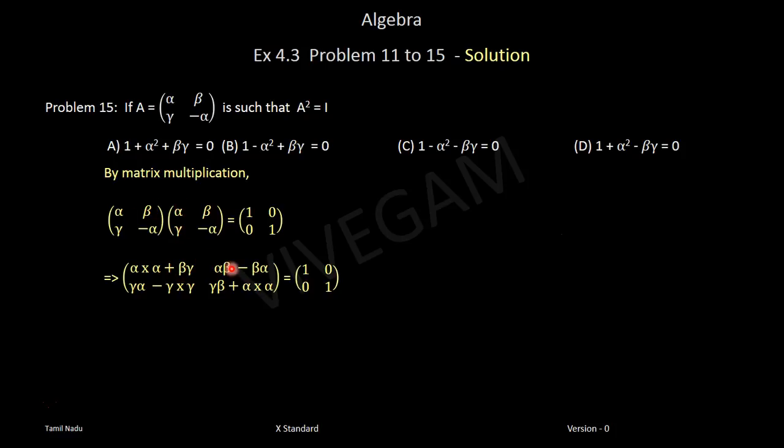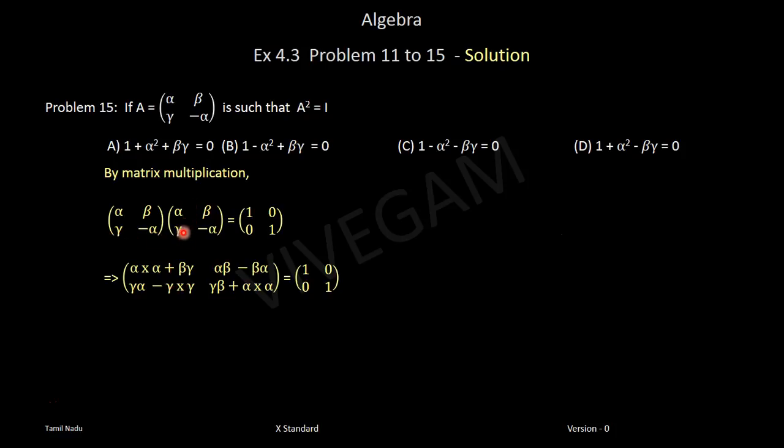Similarly, this is first row, second column, so first row of the first matrix multiplied with the second column. So alpha into beta, beta into minus alpha is minus beta alpha. Sorry, this is second row, first column, so second row of the first matrix multiplied with the first column.